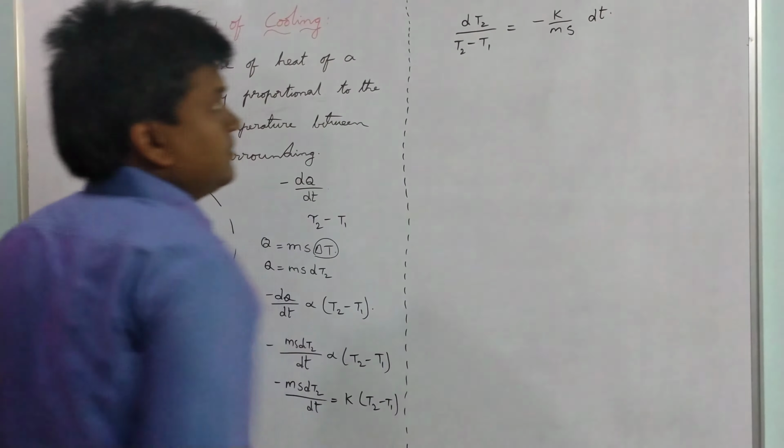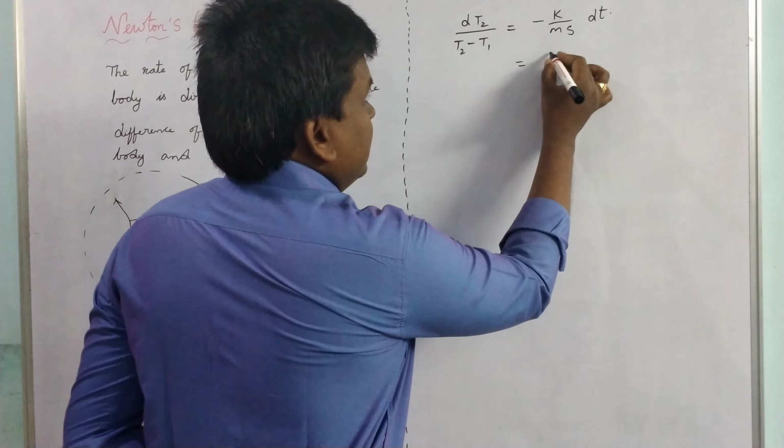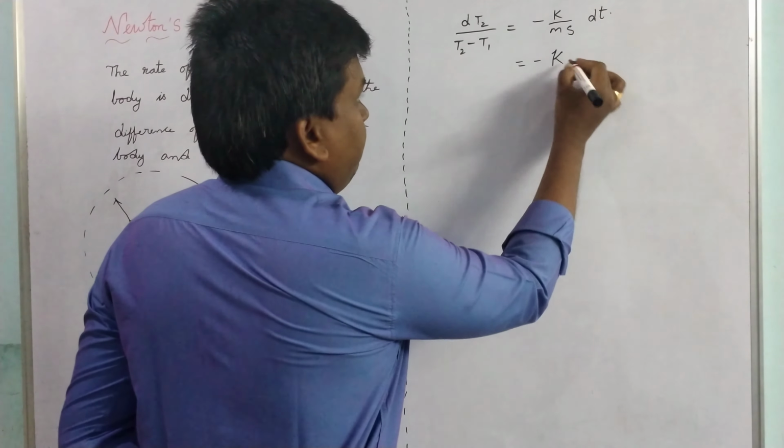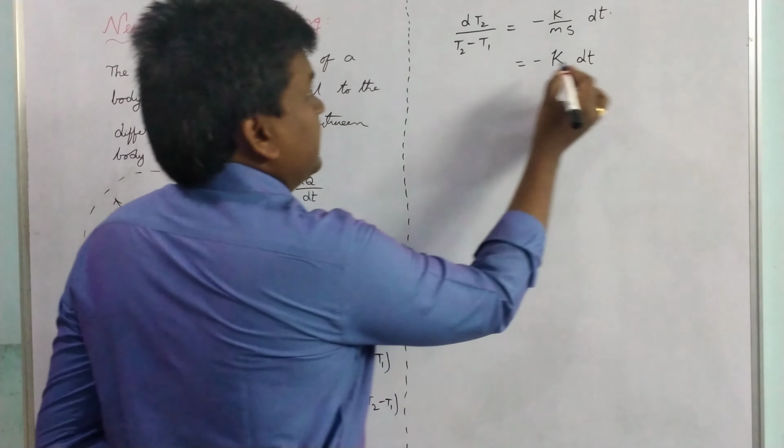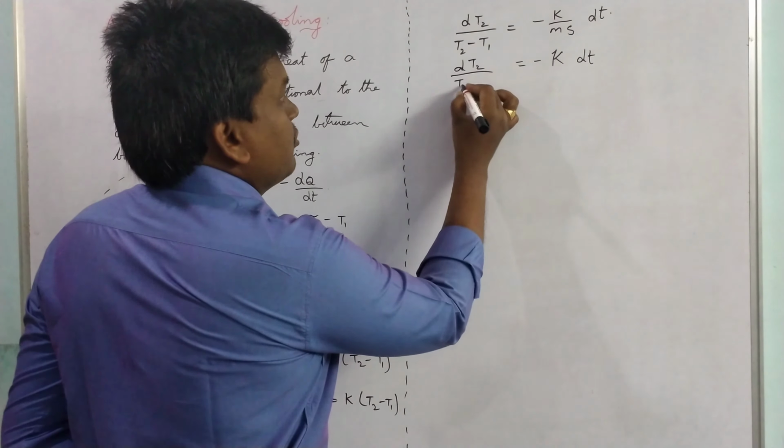Here k is a constant, the mass of the body is constant, and the specific heat capacity is also constant. So this can be written as capital K dt, and dT2 by T2 minus T1 is equal to minus K dt.